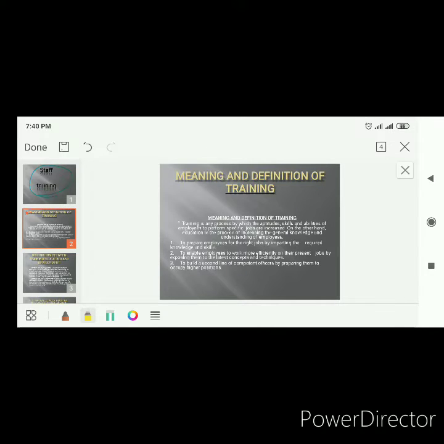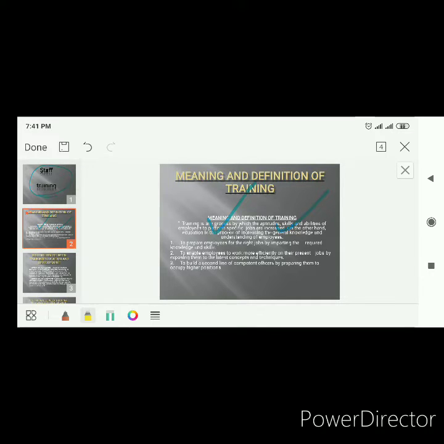After training, a person becomes a trained, competent person, a competent officer. All these three objectives have to be learned by you, plus, as I told you, the meaning of training and the definition of training. These have to be learned separately from here.